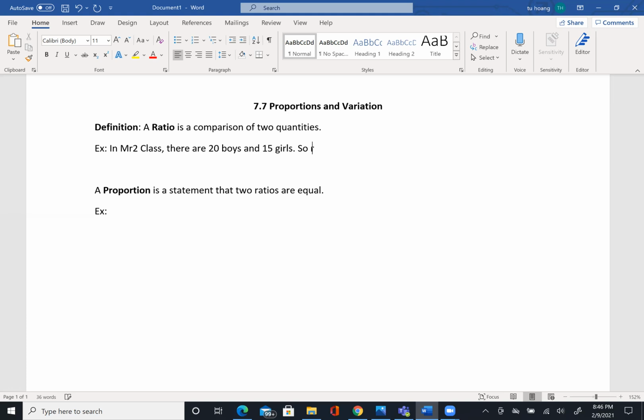So the boy-girl ratio in the math class is 20 to 15, because there are 20 boys and 15 girls. So 20 to 15, or I can write it as 20 over 15. So that is a ratio.